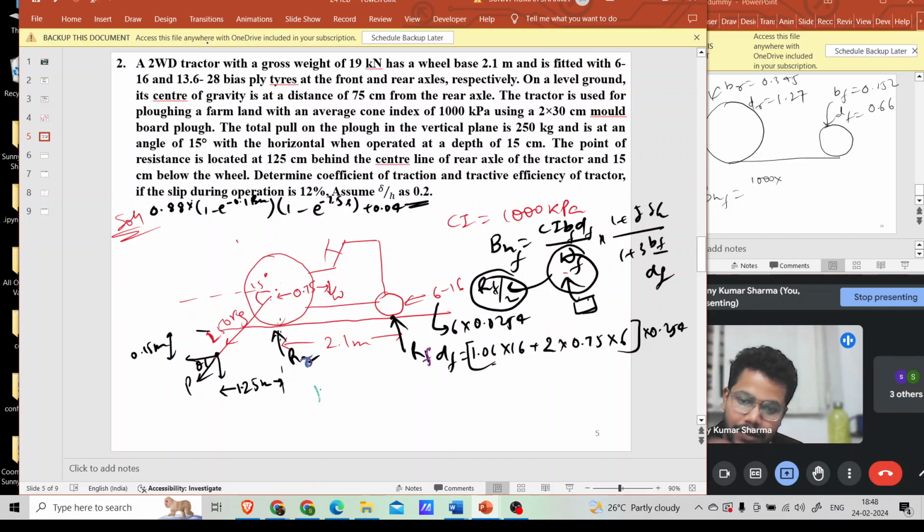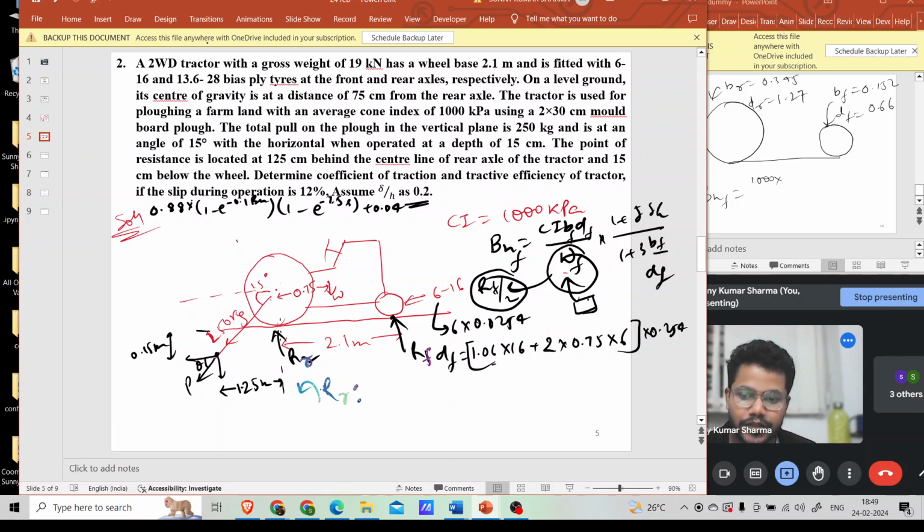Suppose you are taking moment about RR, then how will you do the balance? You have to take every moment and check whether it is clockwise or anti-clockwise. For all clockwise, you give one sign, and you equate it with 0 because everything is balanced.